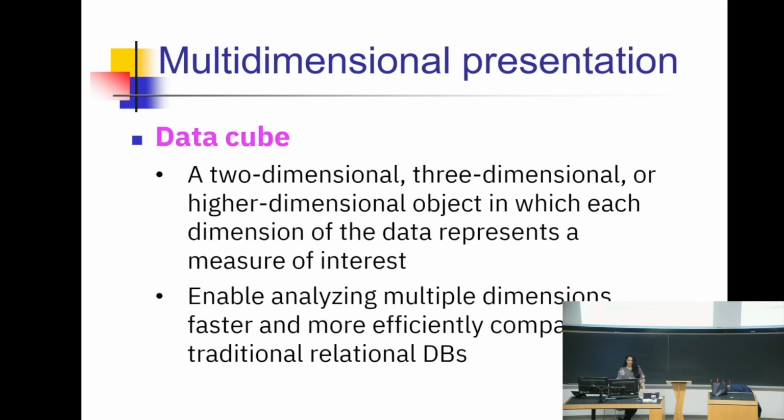So a data cube is a two-dimensional, three-dimensional, or n-dimensional object. For example, if you have 3 dimensions to analyze sales, like product, location, time, and then you want to limit your analysis to a specific time period, specific products, and specific locations, then you can have a smaller cube, right?